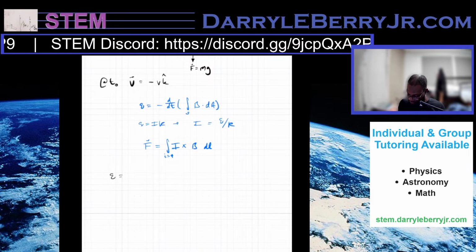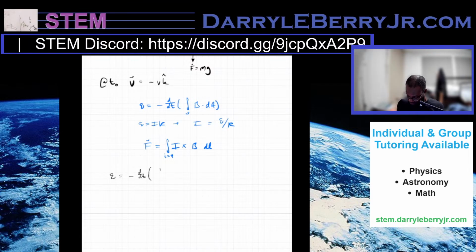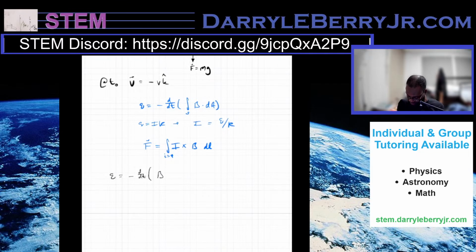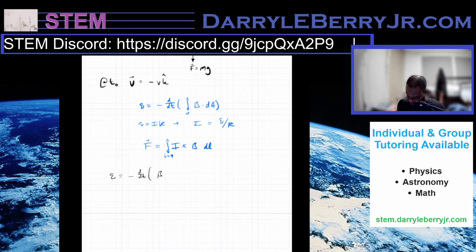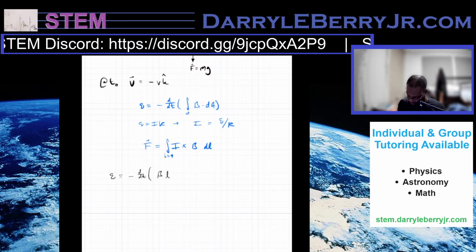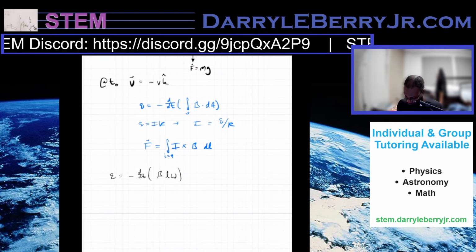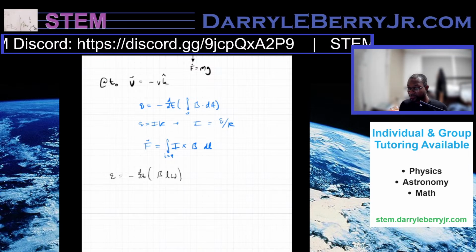E equals negative d over dt of the integral, should be able to just say B L W. I mean, I need to do a double integral.